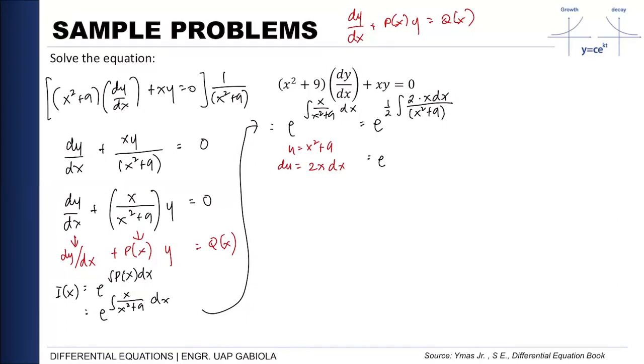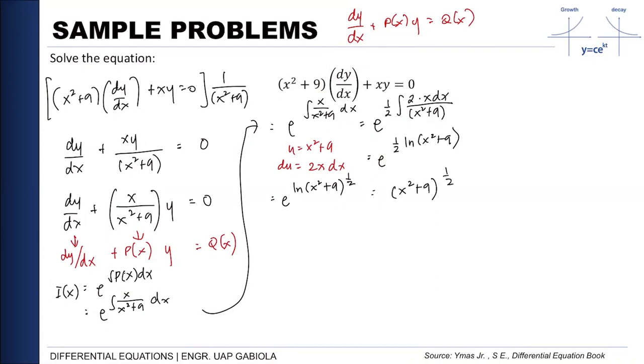So, we have e raised to 1 half times ln ng x squared plus 9. Okay? And then, by algebra, we have e raised to ln of x squared plus 9 raised to 1 half. And then, this will be equal to x squared plus 9 raised to 1 half.